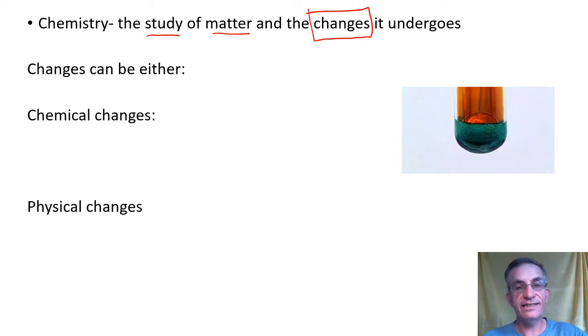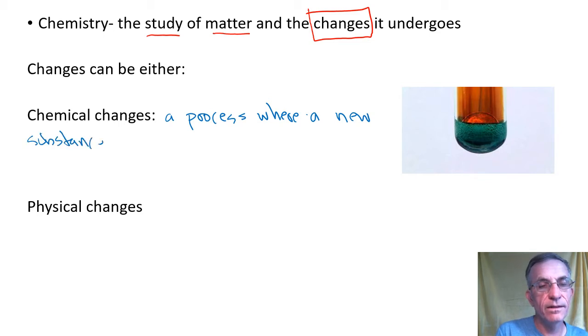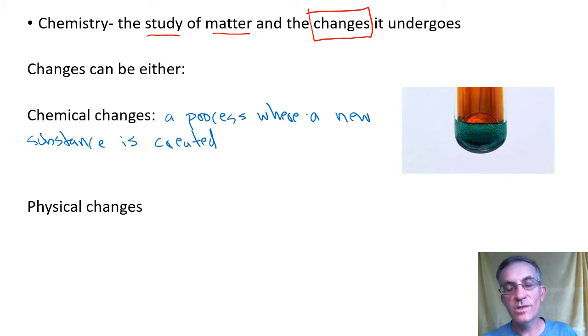All right, so a chemical change is a process where a new substance is created. I'll say more about it in a minute, but let me go ahead and tell you what a physical change is.